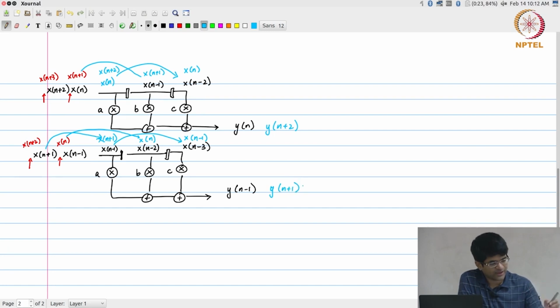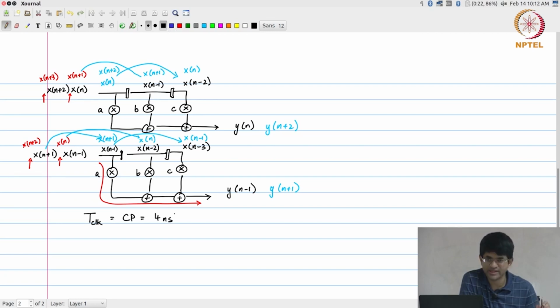So effectively what happens in this situation is, once again the clock period, which is basically the critical path, remains exactly the same as before, 4 nanoseconds, right.